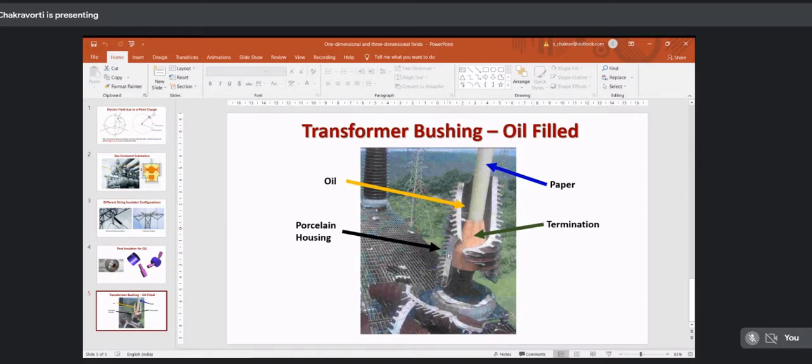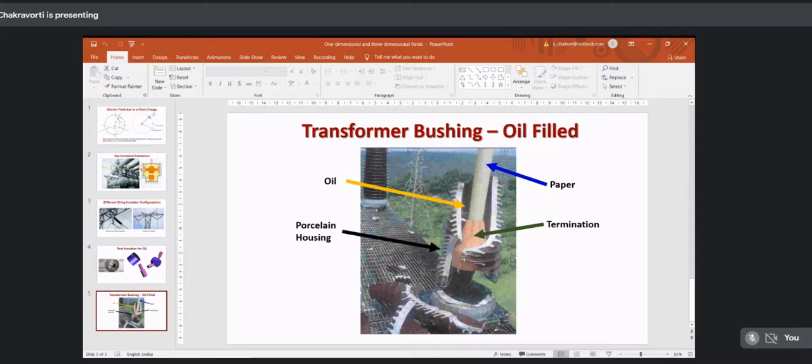So what I am trying to bring into this discussion is that here you can see there are multiple dielectrics, isn't it? First you have the conductor inside, then you have paper, then you have transformer oil, then you have porcelain, then you have air. So how many insulators are involved? Four. First paper, then oil, then porcelain, then air.